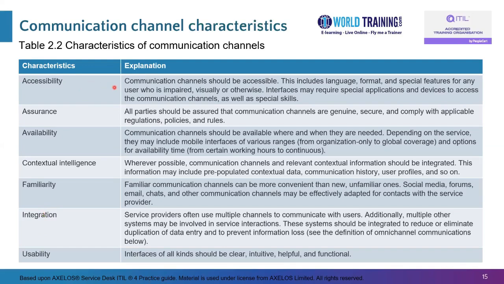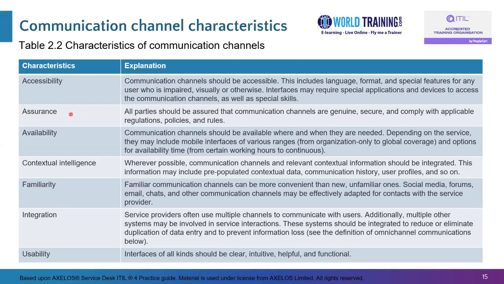And we can see that in the right column here. Accessibility means the channels for communication should have features to handle multiple languages. The formatting should be appropriate, and it should support people who might be impaired, for example, visually. And there may be other devices to access communication channels and special skills needed.